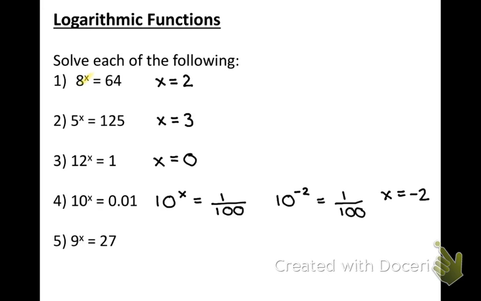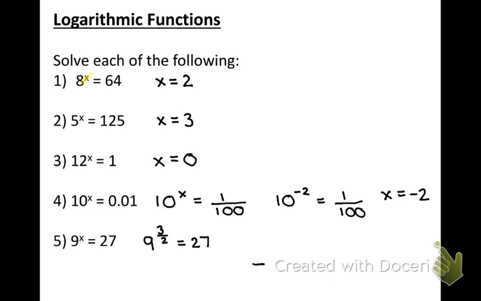The square root of 9 is 3, and 3 cubed is 27. The way that we're going to write that as a fractional exponent is 9 to the 3 halves equals 27.